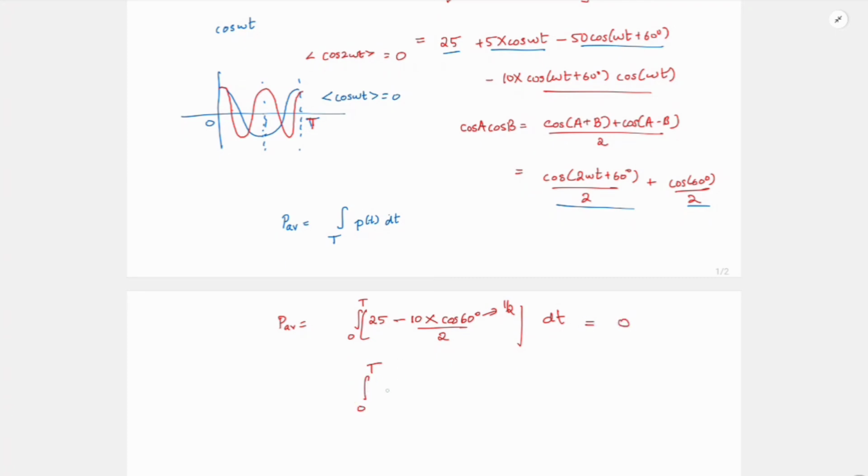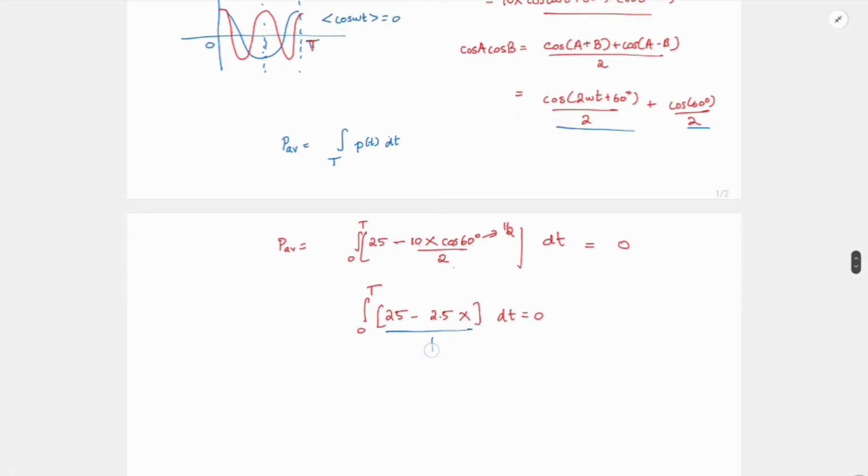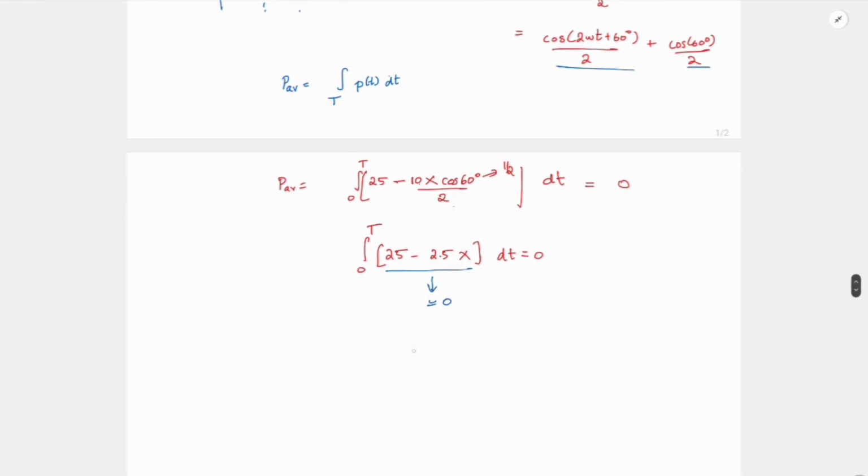So this is the integral from 0 to T of (25 minus 10 by 2 and by 2), so it will be 2.5, the cos goes away, and I'll have x dt equal to 0. For this integral to be 0, this term should be equal to 0. So 25 minus 2.5x equal to 0. x is equal to 25 by 2.5. So my x is equal to 10.